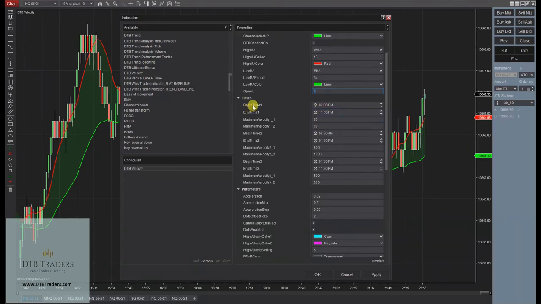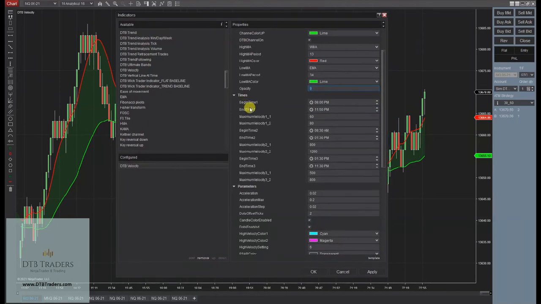So the next part of it is the times. You can separate certain times of the trading day into velocity numbers. Obviously during the US session, the velocity of price is so much faster, which is over here.